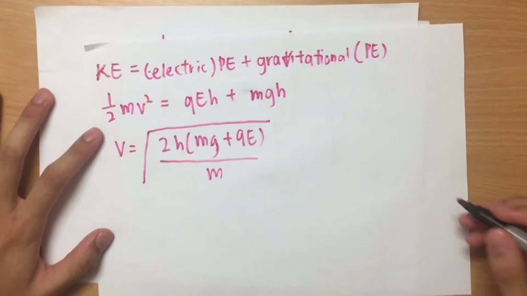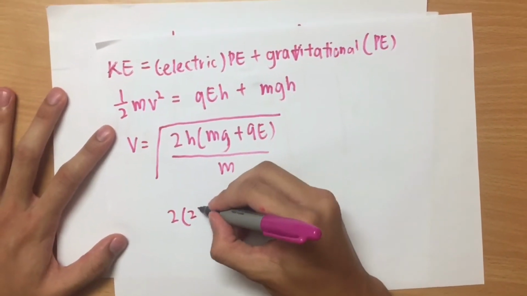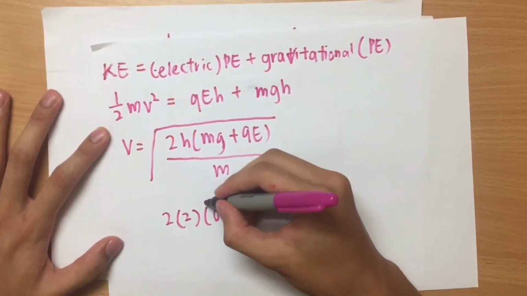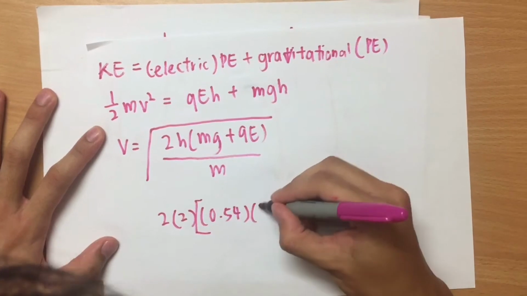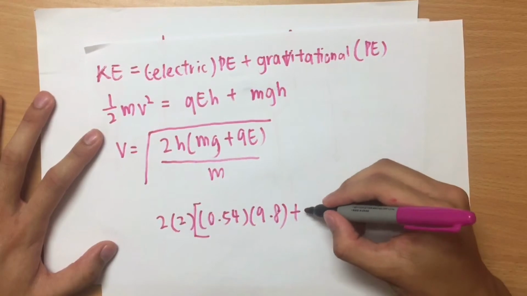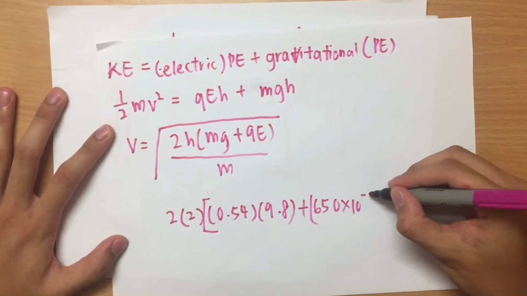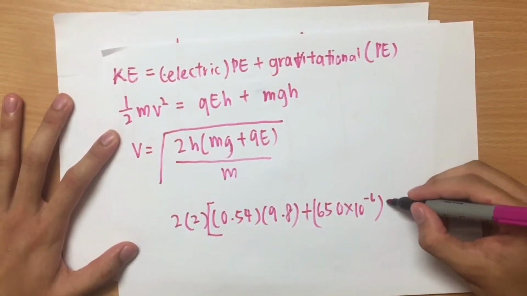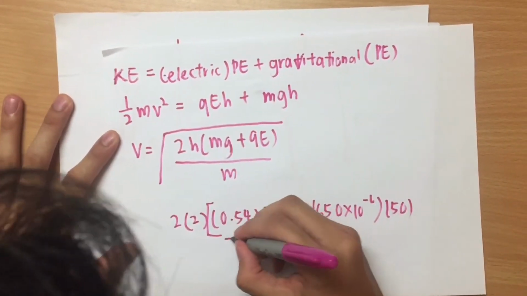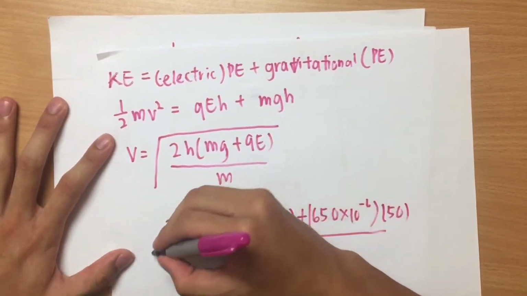Then just substitute the values, which is h will be 2 and the mass of the charge will be 0.54, multiplied with the gravity 9.8 plus the charge, which is 650 times 10 to the -6, and the E, which is 150, over the mass, which is 0.54, square root.